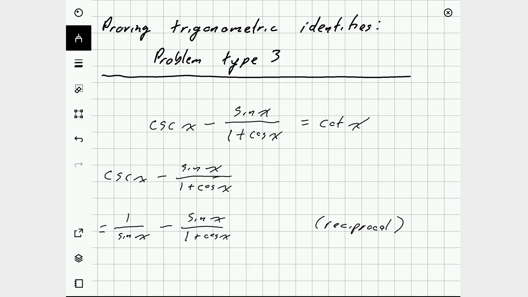The reciprocal identity tells us that the cosecant of x is the same thing as 1 over sine of x. So let's just go ahead and do that first. Now I've got a couple of fractions.